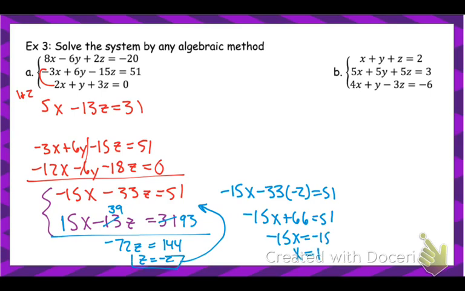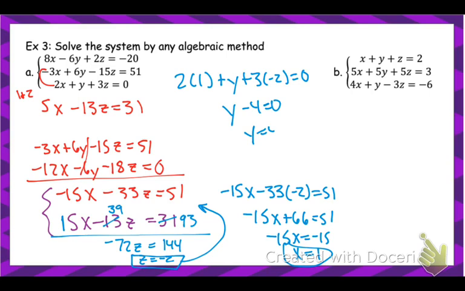So there's my x. Take both of them and plug them back into any of these top three equations. Let's do the bottom one. So 2 times 1 plus y plus 3 times negative 2. I get that y equals 4.